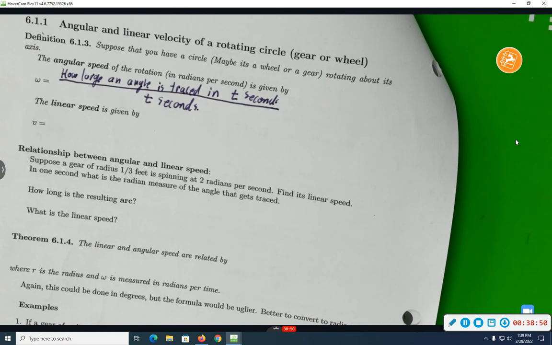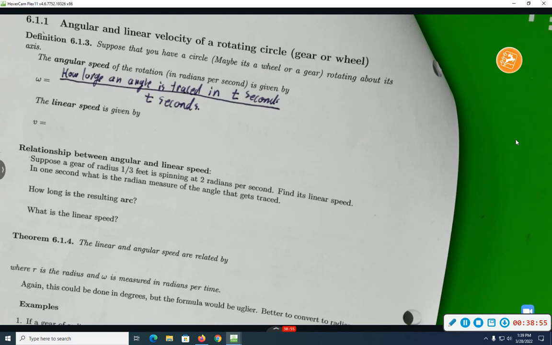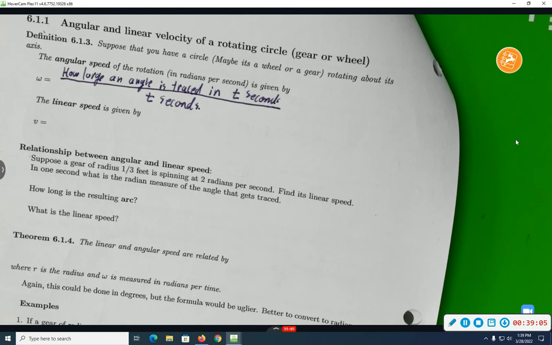All right, just like you would measure any sort of velocity. How do you measure the velocity of a car? You say, well, how much distance does the car travel in t seconds? Then divide by how long you let the car go for.